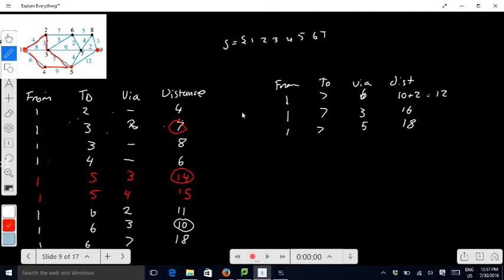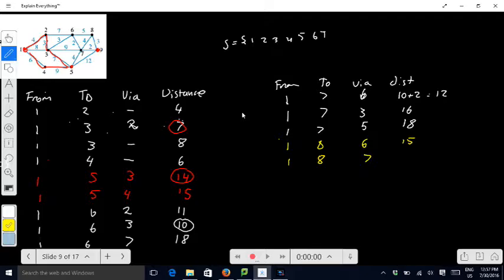So I can go from 1 to 8 via 6. So 1 to 3 was 1 to 2 to 3, 3 to 6, which is 10, plus 5, which gives me 15. The other option is I can go 1 to 8 via 7.